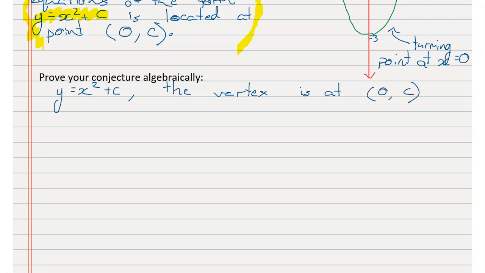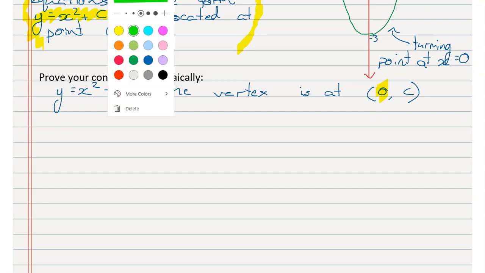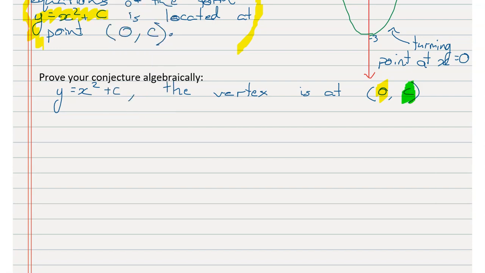Now what we'd need to do to be able to prove that this holds up is, firstly, prove that the vertex is always going to be at x equals 0, and then subsequently prove that when x equals 0 we're always going to be at a value of c, or y equals c. So the first thing I'm going to do is prove that the vertex is always at x equals 0.